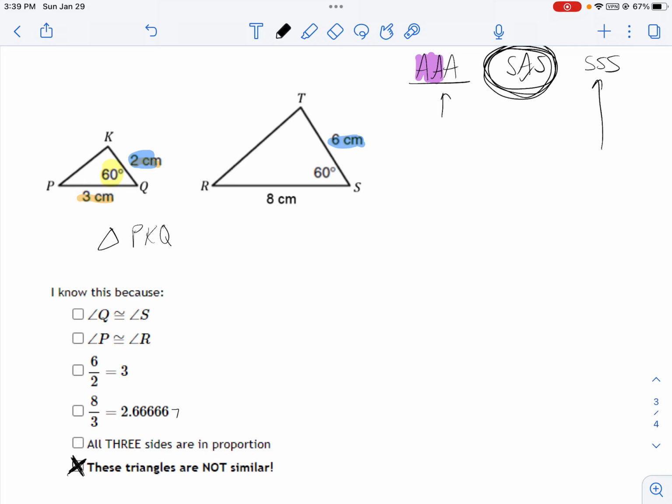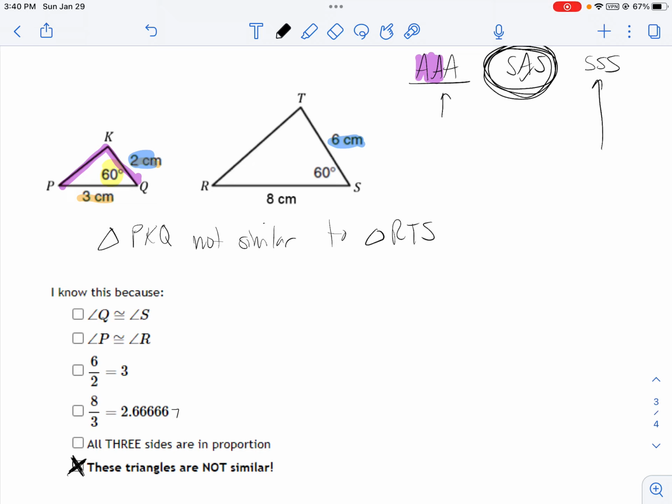Okay, PKQ is not similar to triangle... We just want to keep the same pattern, so we went P to K to Q, which would be on this triangle R, T, to S, because it would leave the 60-degree angle at S, and it would go from our unknown side to our medium side on both triangles, so that would keep the pattern. So that would be RTS.